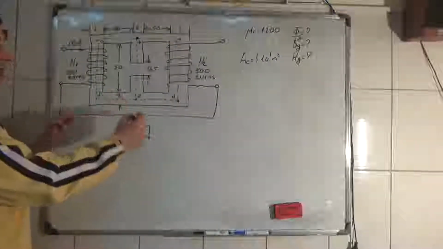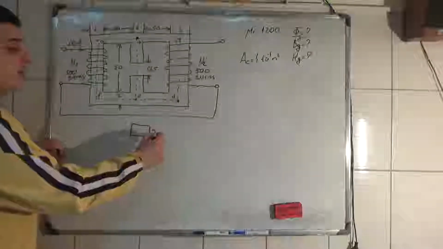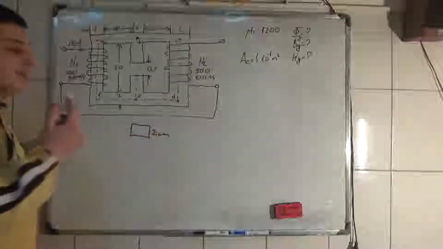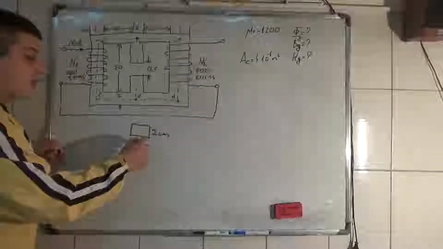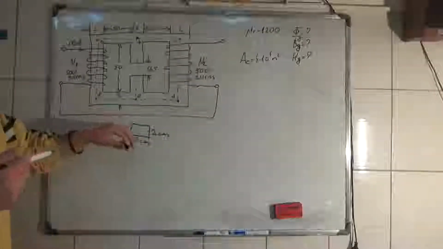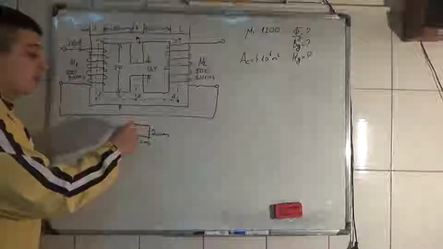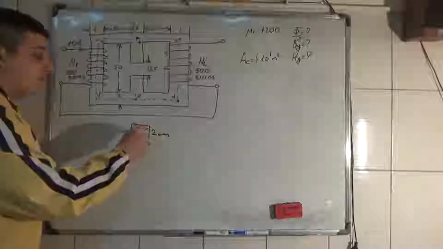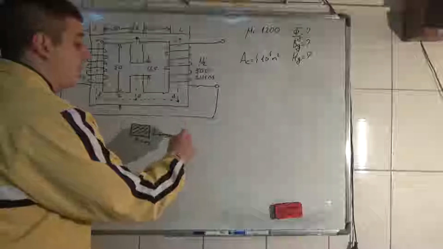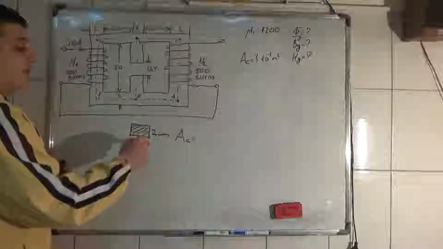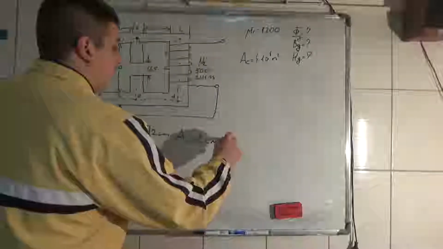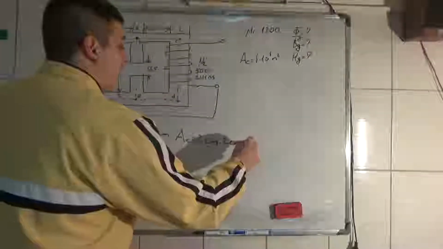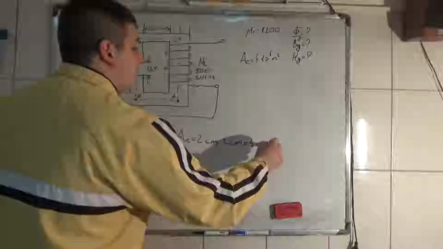So if the height is 2 centimeters, and it is a square, then this length here is also 2 centimeters. So the cross-sectional area of the magnetic core is 2 centimeters times 2 centimeters, and you get 4 centimeters squared.